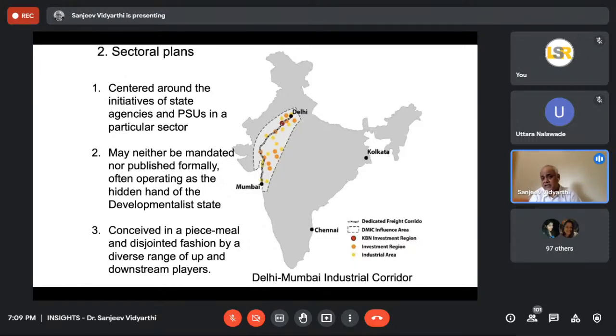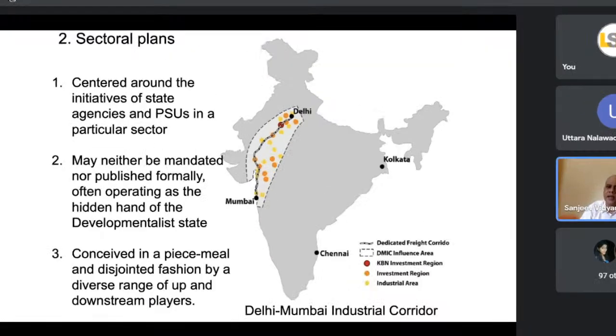Now, much work has happened on this already. I've been following this for, as I said, a couple of decades. And this contains many different, you can imagine, number of architectural projects that are sort of part of this vast corridor. It's a brand new industrial corridor.